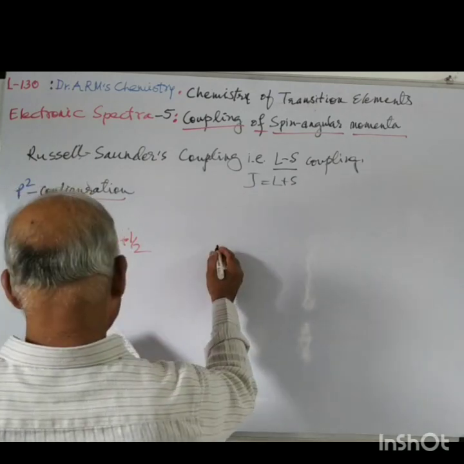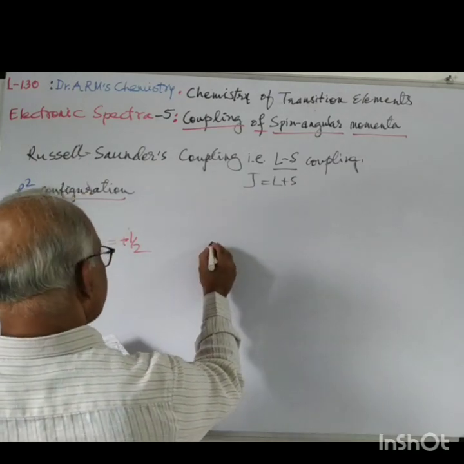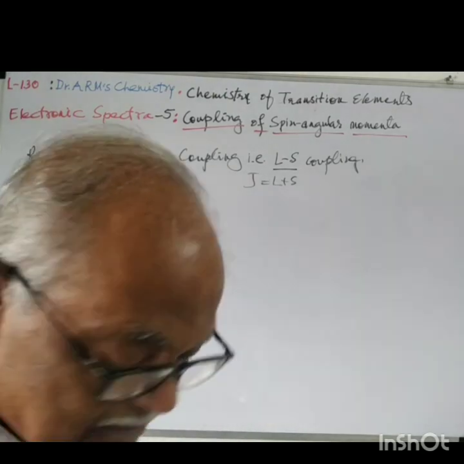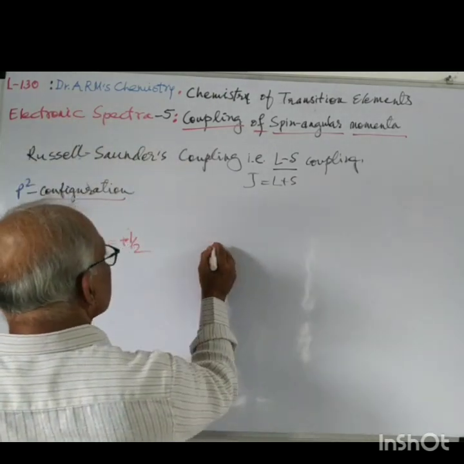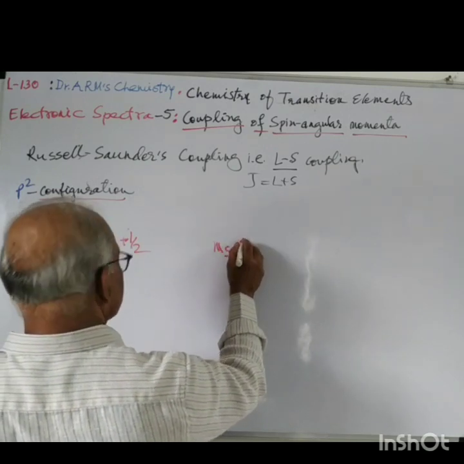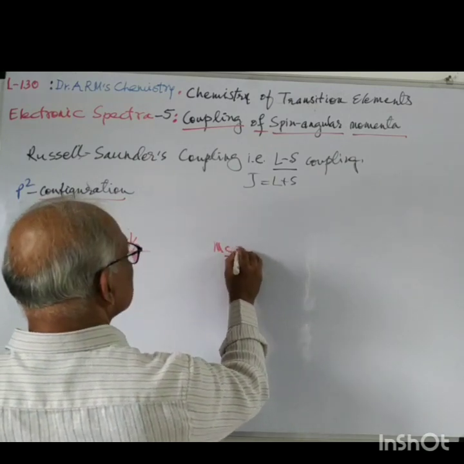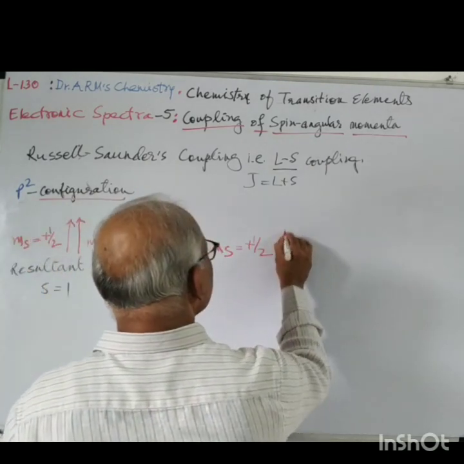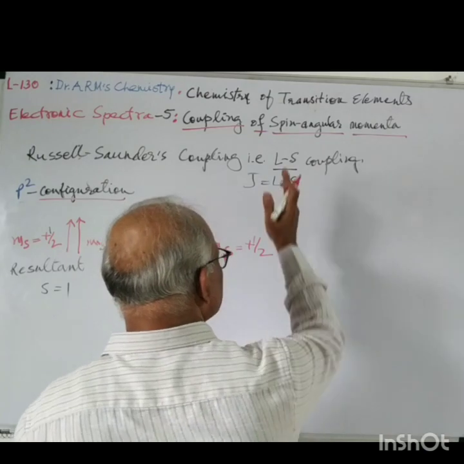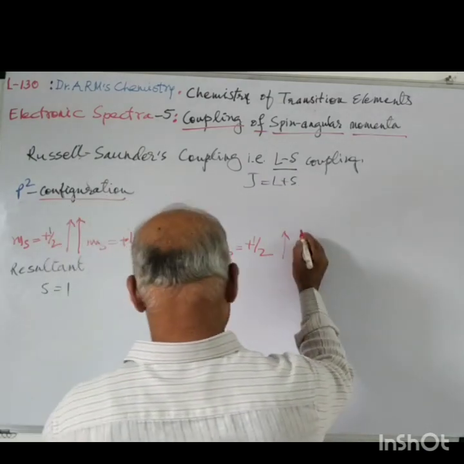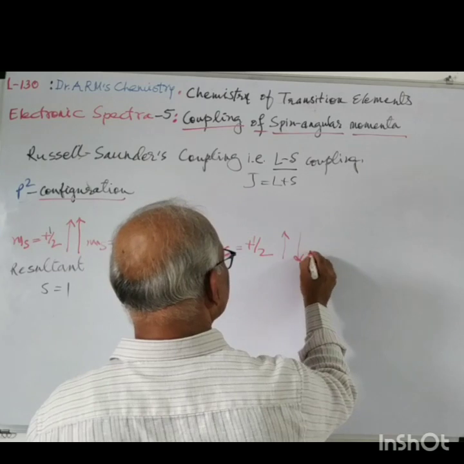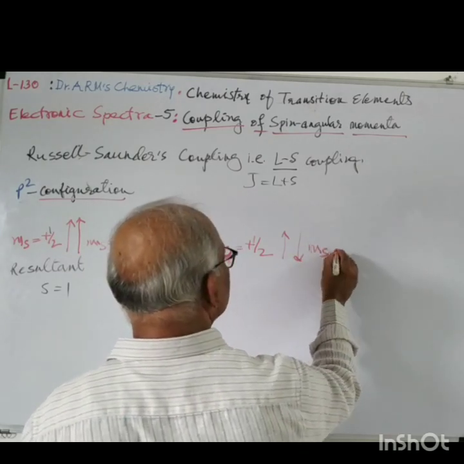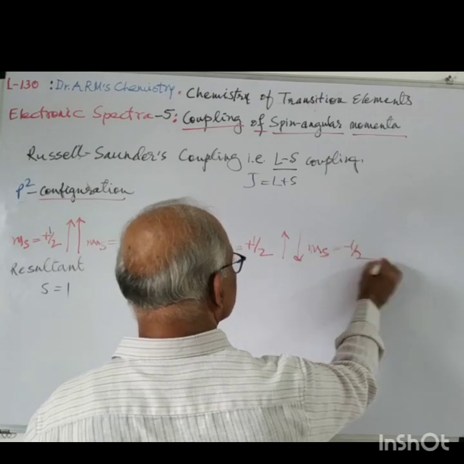Then if we consider another case, then ms is, say, equal to plus 1/2, and it is having plus 1/2 spin, means in clockwise direction. Another electron has spin in the opposite direction, and therefore it has ms value minus 1/2.